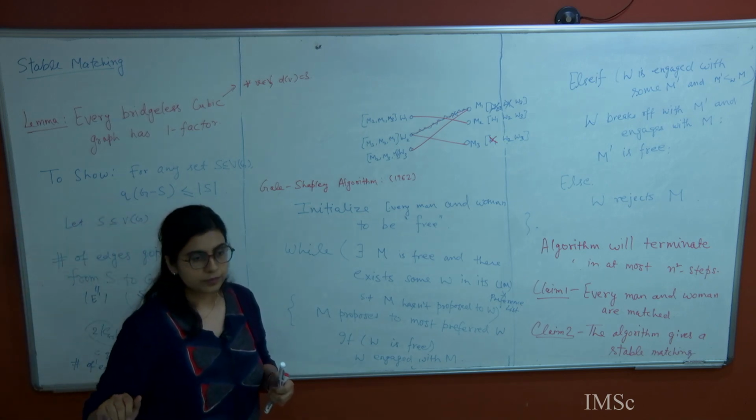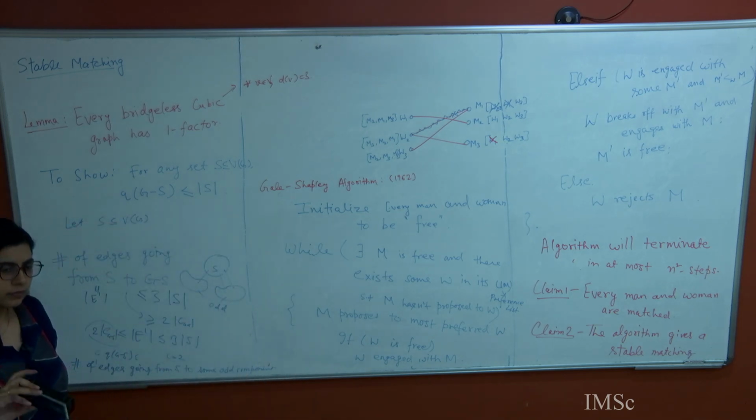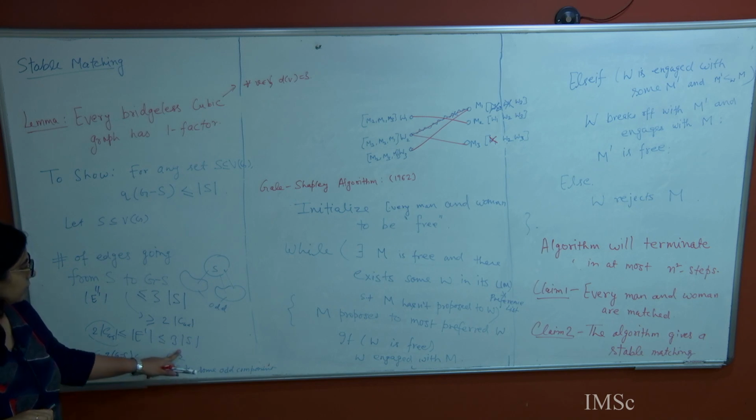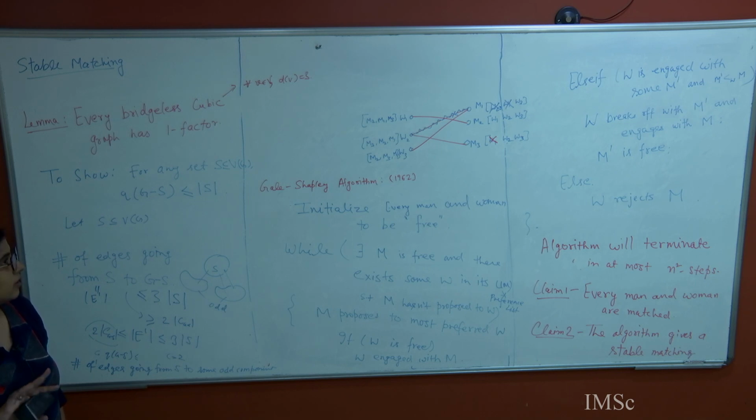I have a doubt. Let's assume the size of S is greater than 1. In that case, E dash is less than or equal to 2 into S for sure, right? Because within S, everything should be connected. Not necessarily, right?